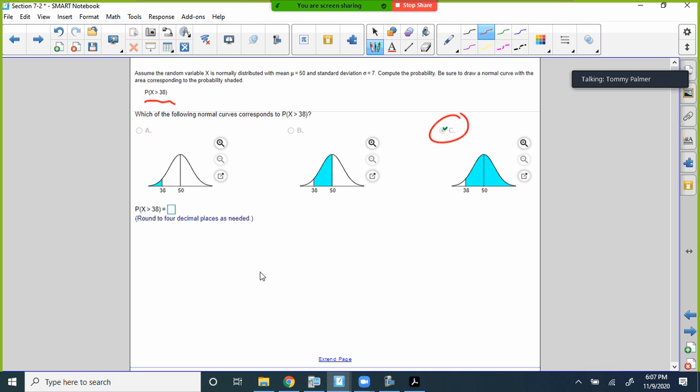So if we look at this, we're given x equals mean plus z times standard deviation. So we plug it in. That's going to be 38, which is 50 plus z times 7, and then we of course subtract 50.